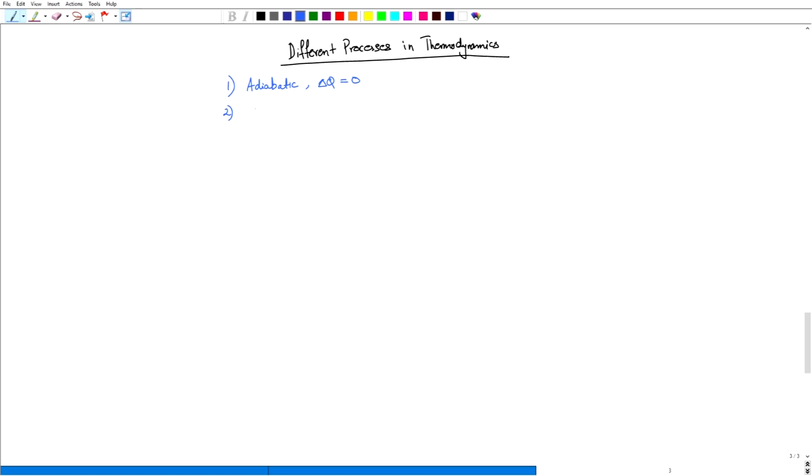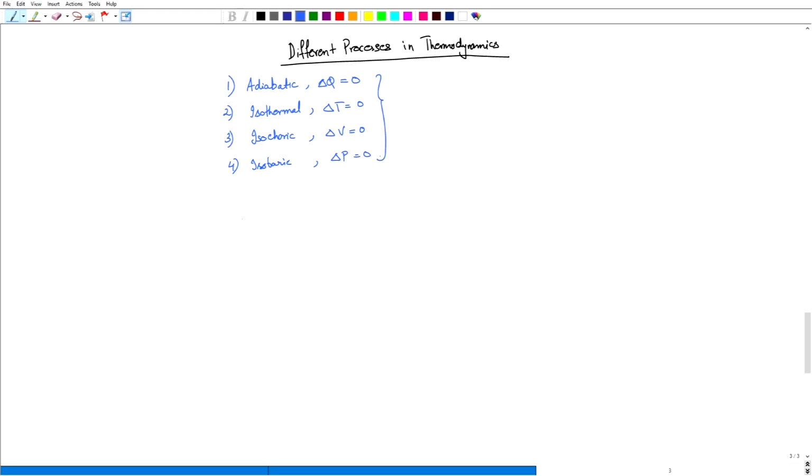Then we have isothermal process, which means that delta T is 0. We have isochoric, where delta V is 0, and we have isobaric, where delta P is 0.